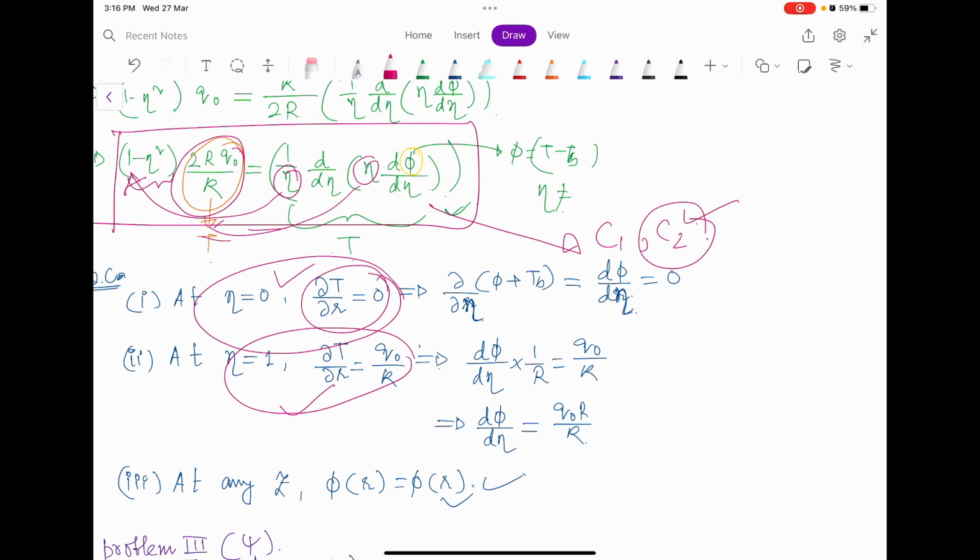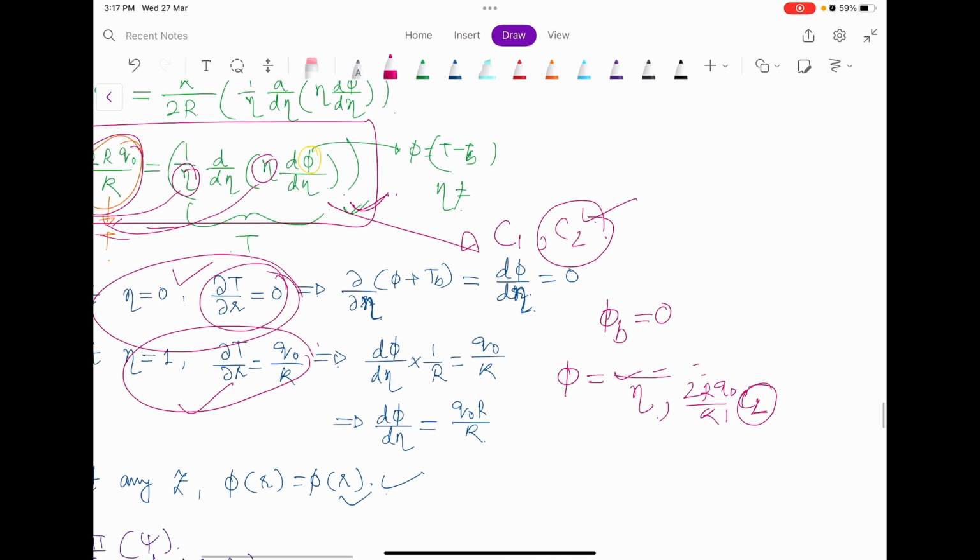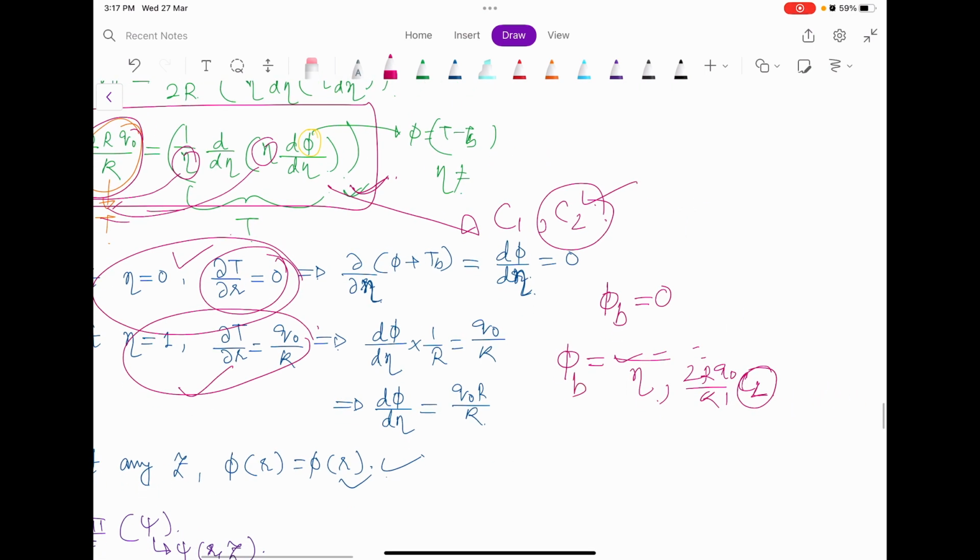You have another condition, that phi of b equal to 0. Apply that here. You will get phi equal to some expression that is a function of this eta, this 2r q naught by k, and also C2, another integration constant, and your objective is to find this C2. So you find this phi b. How can you find phi b?